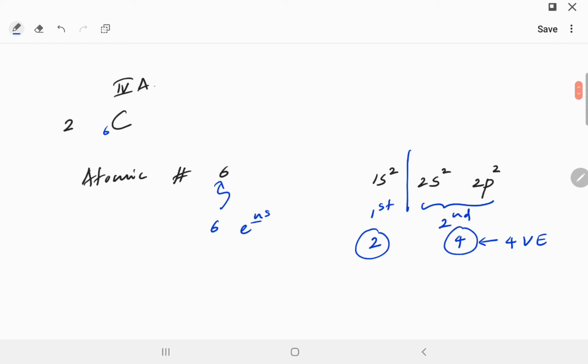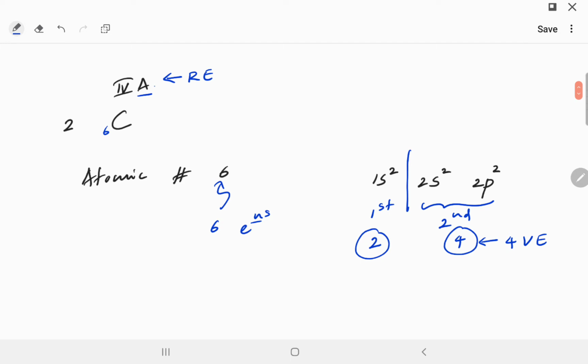So of course we know that carbon is a representative element. How do we know that? Because you have a letter A next to the group number. These are general chemistry knowledge.